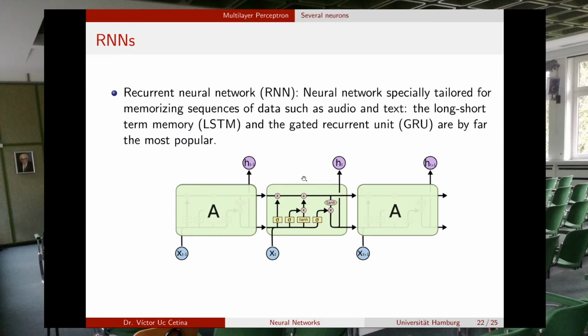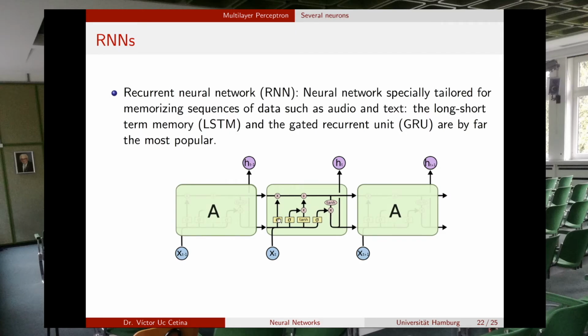Two of the most important models are the long short-term memory, which is usually just called LSTM, and the gated recurrent unit, which is the GRU network. The idea of this recurrent network is that you have a main component, like in this diagram, this green rectangle, and inside this you can have, let's say, a small neural network topology.